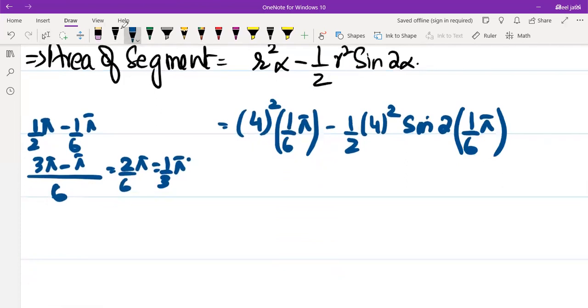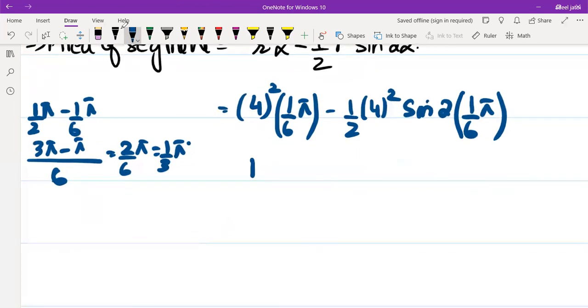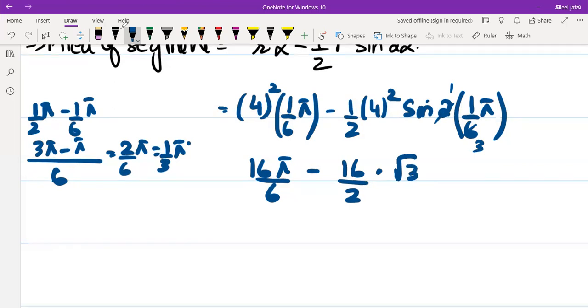Now 4 square pi is 16 pi upon 6, minus 16 upon 2. Sine 1 upon 3 pi is 60, so this is under root 3 upon 2.